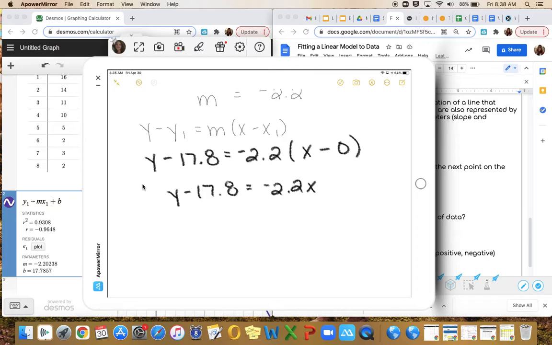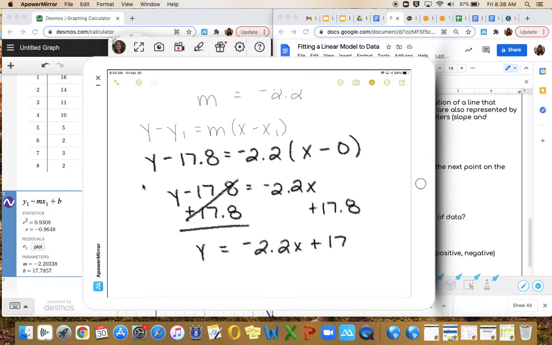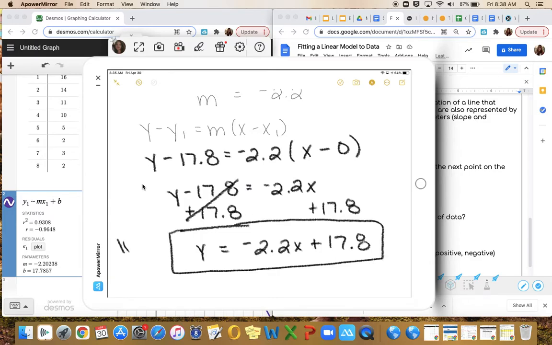Now all we have to do is move the 17.8. So we're subtracting, so now we're going to add it so that it cancels. Okay, so we have y equals negative 2.2x plus 17.8. So that is our equation of that line of best fit.